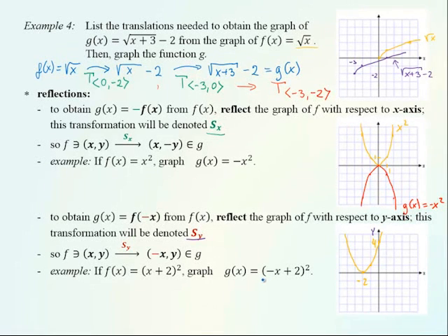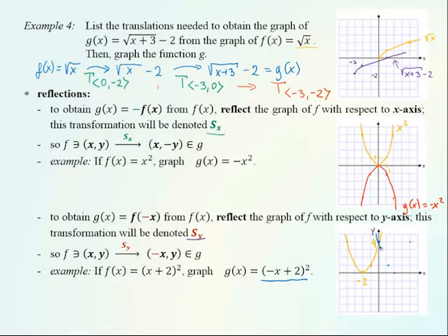Now, if we want to obtain a graph of negative x plus 2, observe we're changing the sign just by the x. That will be obtained by applying symmetry in the y-axis to the yellow graph. So this point becomes here, that one there, this one is the same, and that one will be moved to 4.